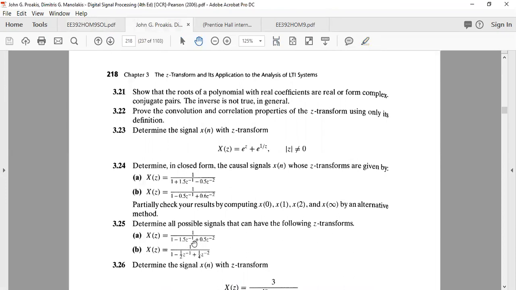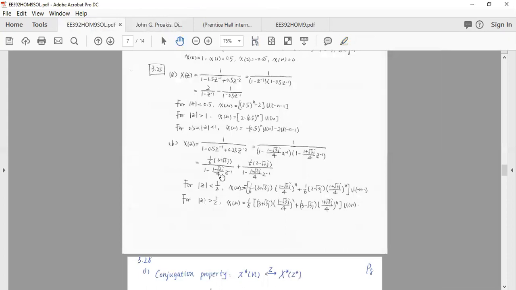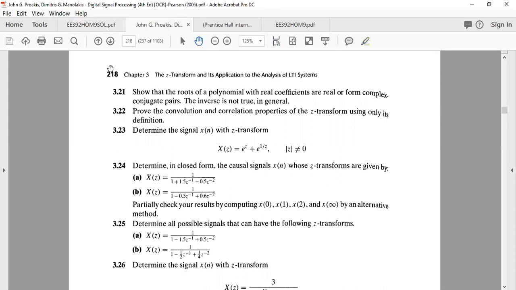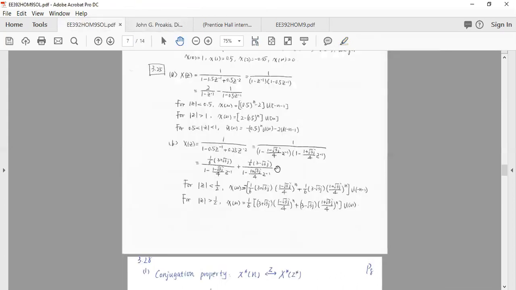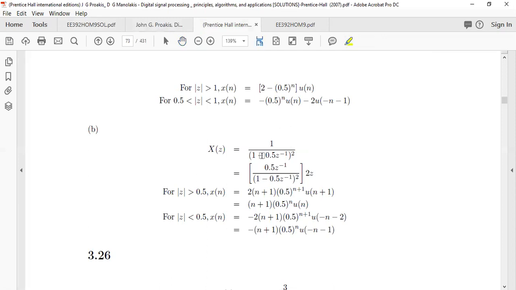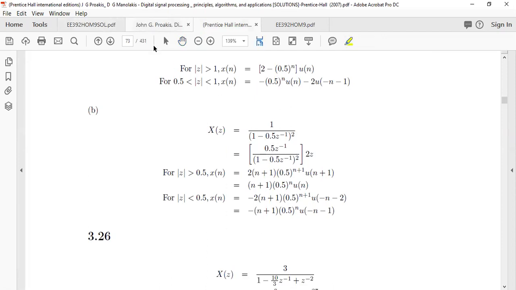you can decompose this signal. You don't have to go the hard way that has been used over here. You can basically use this method, right?